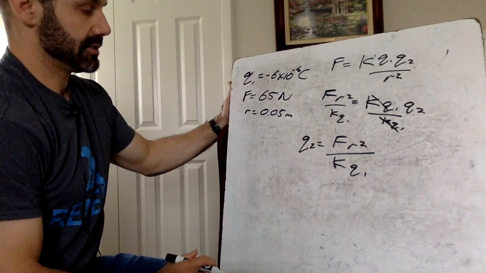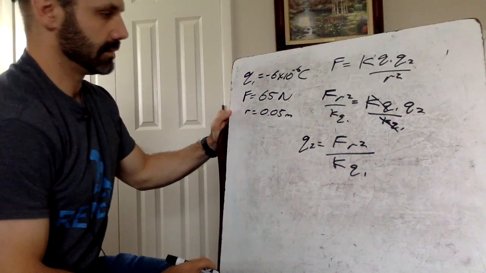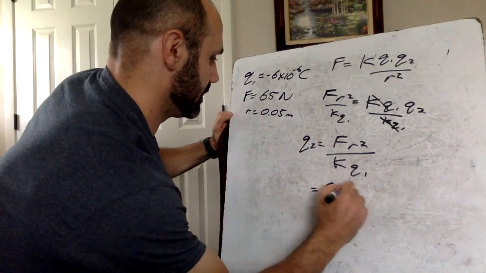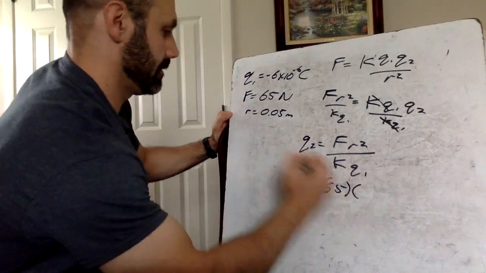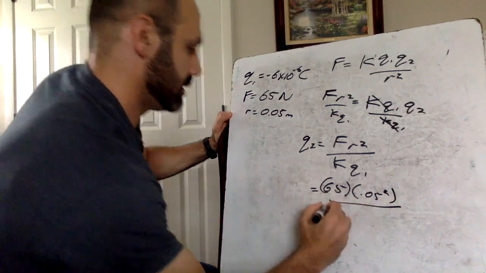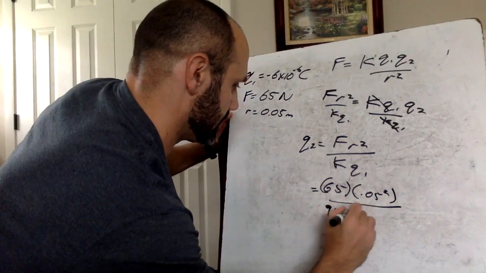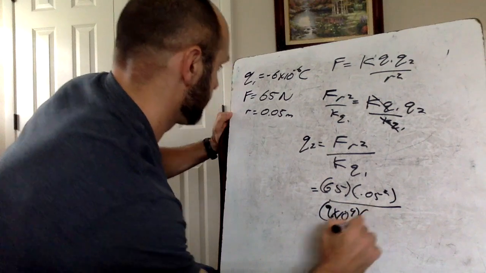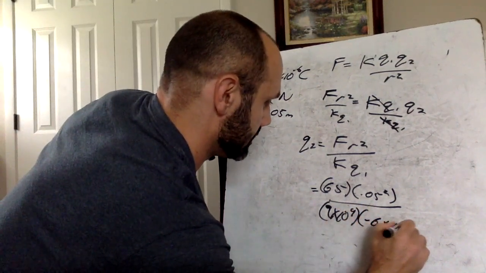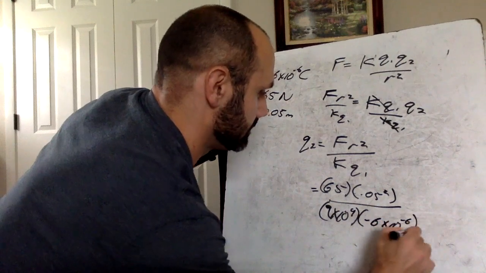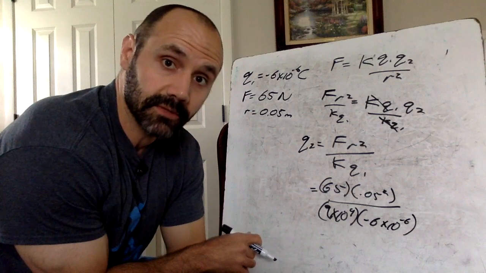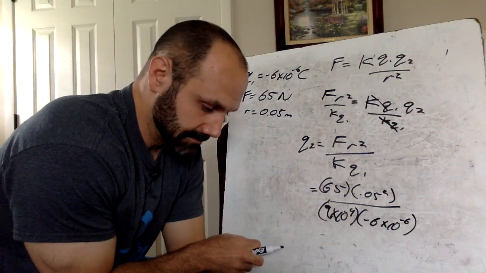And now, again, it's just a matter of putting in the numbers. So this is 65 newtons, R 0.05 squared. K is 9 times 10 to the 9th. And then Q1, -6 times 10 to the -6th. Plug that onto the calculator and you should get -3 times 10 to the -6th coulombs.